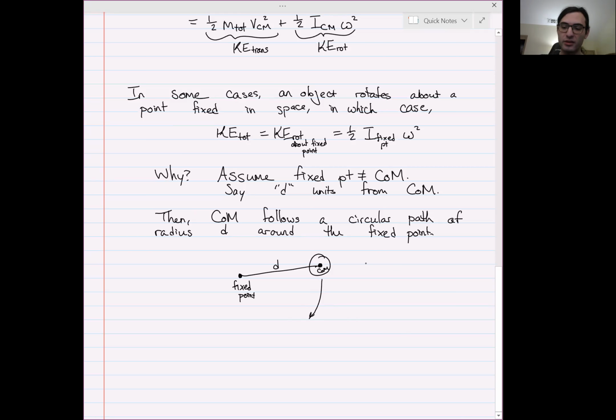In this case, the center of mass velocity, given some angular velocity omega, is omega times d. Remember that translational speed and angular speed are just related by the distance from the axis of rotation to the object that's moving. This is the same thing as r omega; I just wrote it as omega d instead.